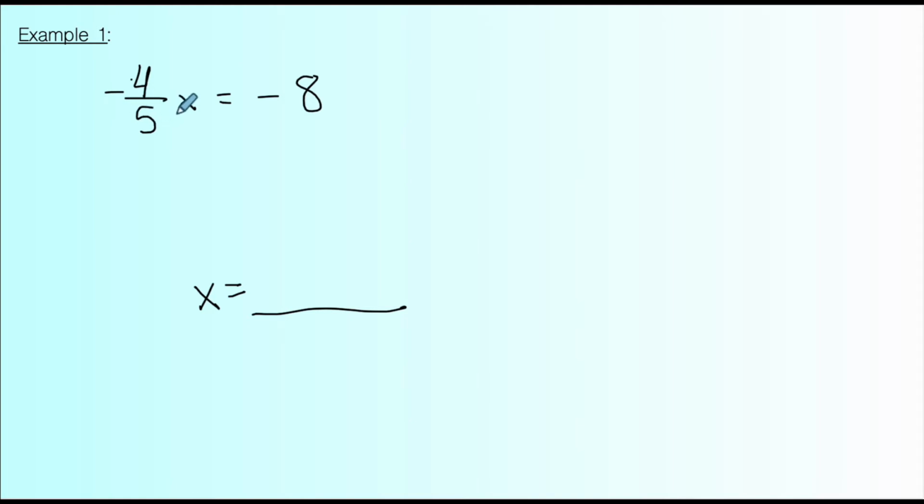The inverse of multiplying something is to divide it. So we're going to be dividing by negative 4/5 on both sides of the equation because when you divide, it undoes multiplication, therefore that part of the problem cancels out, and all I'm left with is x.